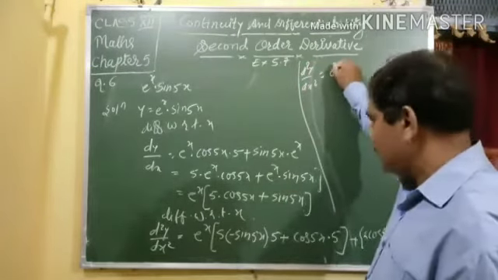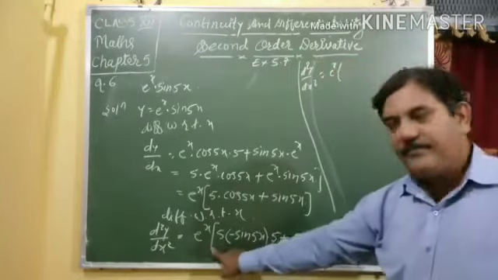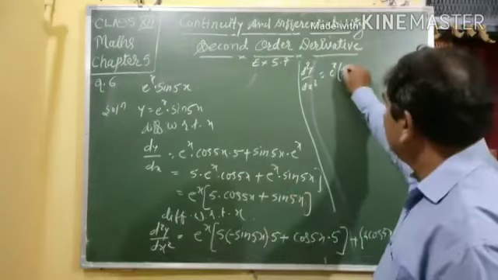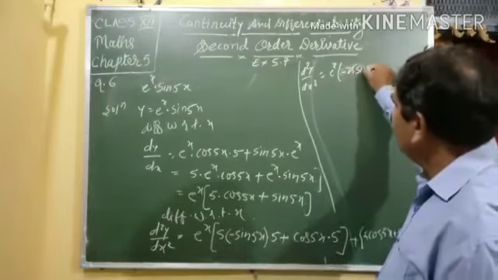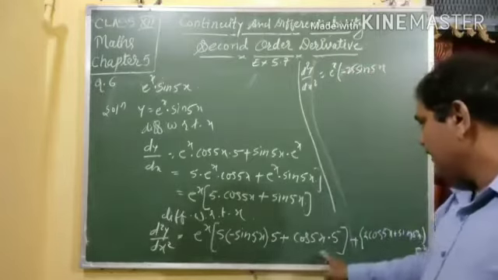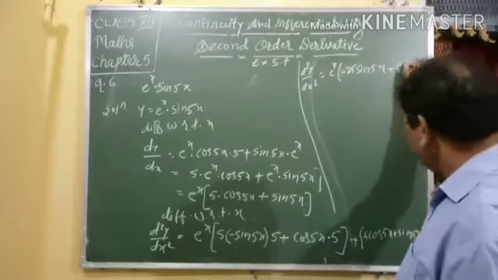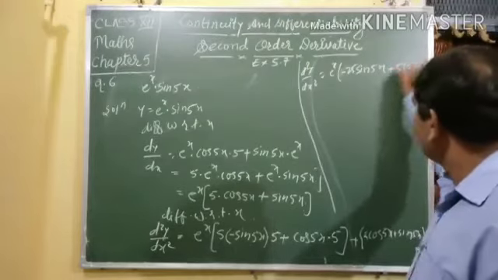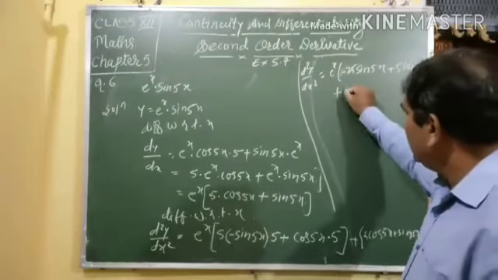What will we get? Now d square y by dx square is equal to this e to the power x as it is. Okay, e to the power x, pi square minus pi square sin pi x there, plus this pi cos pi x, plus what will remain? e to the power x.